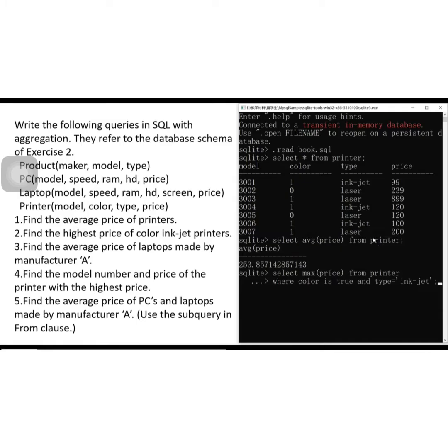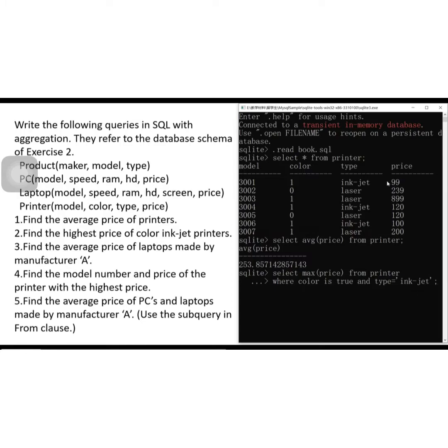Okay, so for this sentence, SQLite will find the information from printers and filter the tuples. Remain the tuples whose color is true and type is inkjet.